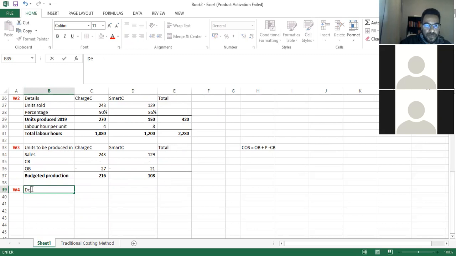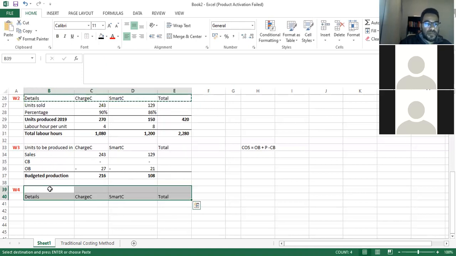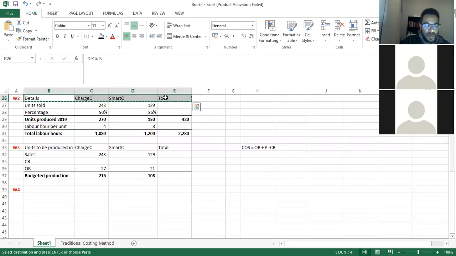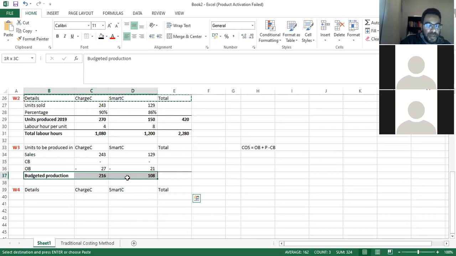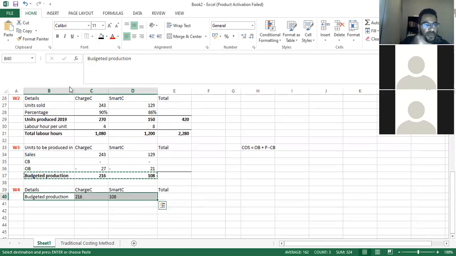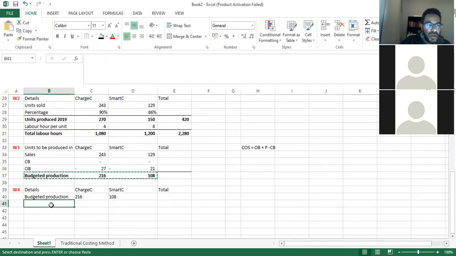So we have details. So we have budgeted production, which is going to be that. Then we're going to say weight per product.